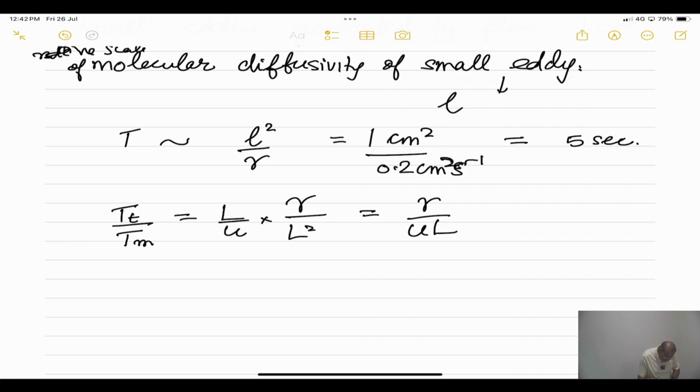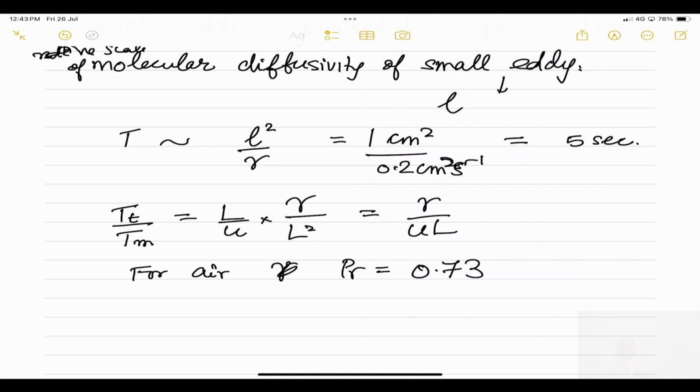And let's say for air, Prandtl number is 0.73. Do we all know what Prandtl number is? Probably you will not know, but Prandtl number is a ratio of diffusivity of momentum to heat.